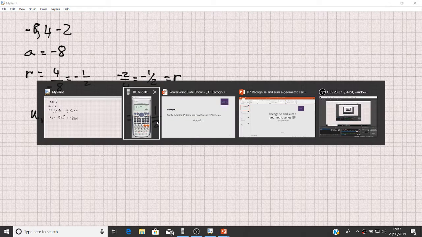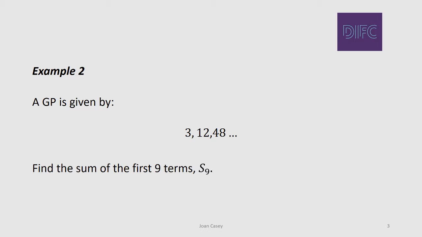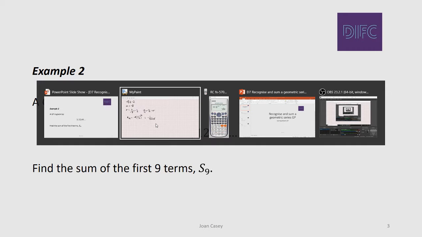So let's take a look at the second example. In our second example, we're told a GP is given by 3, 12, 48. Find the sum of the first 9 terms, S9. Okay, so we'll take a look at the example on the maths pad, and our GP is given by 3, 12, 48.